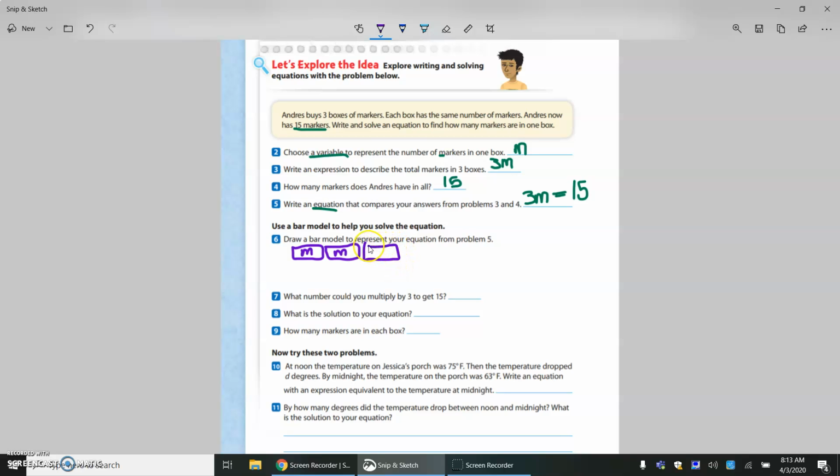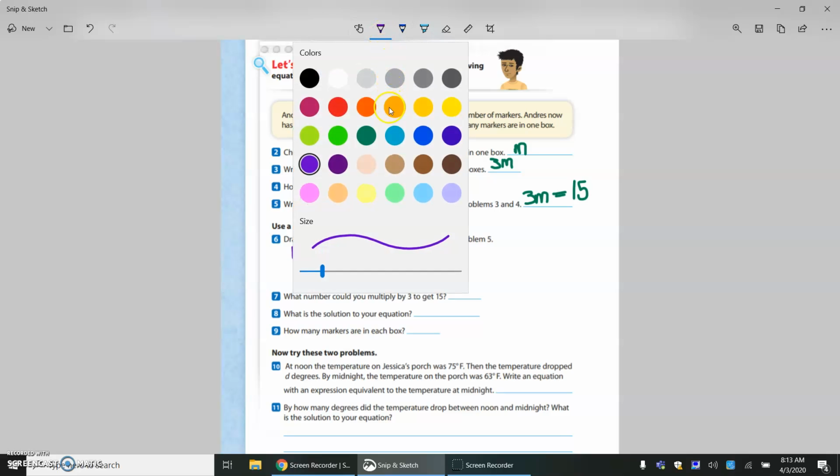Sorry I'm being so quiet, it's just easier to concentrate on making those boxes look cute when I'm quiet. Okay, so there's my 3 boxes of markers.